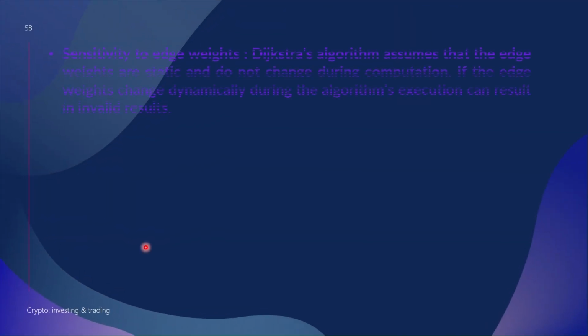Okay, so next up is sensitivity to edge weights. Now Dijkstra's algorithm assumes that the edge weights are static and do not change during computation. If the edge weights change dynamically during the algorithm's execution, it might produce invalid results.